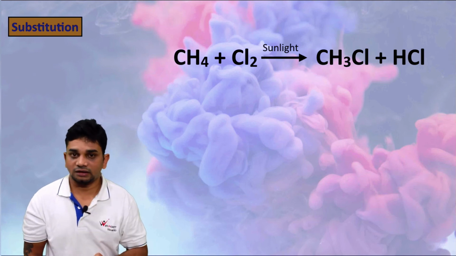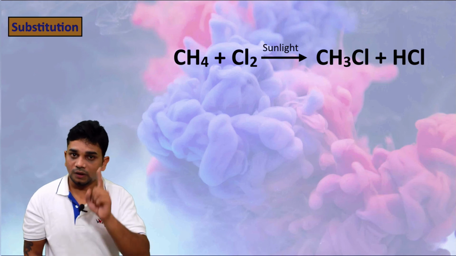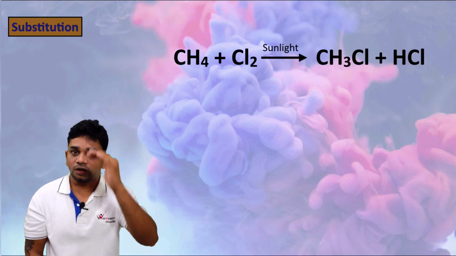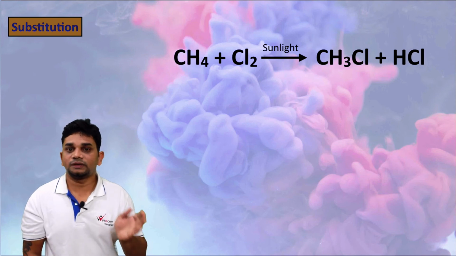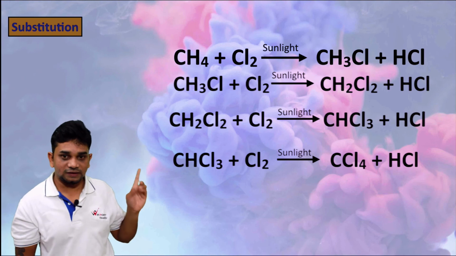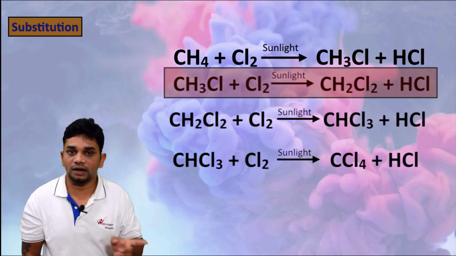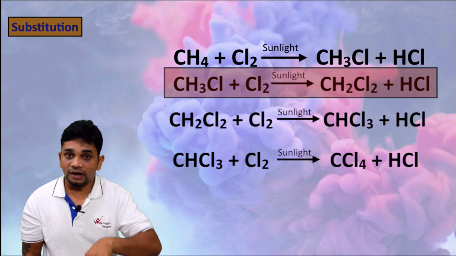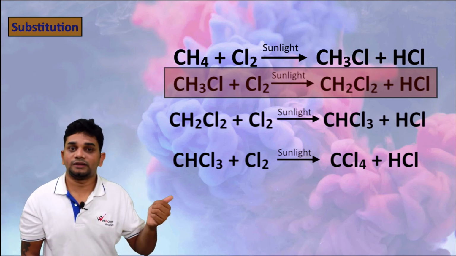If you are writing the reaction, reduce one hydrogen and add chlorine. If you are continuing the reaction, what will be the next step? CH3Cl plus Cl2 gives, in the presence of sunlight, reduce one hydrogen, add one chlorine. It will be CH2Cl2 plus HCl.